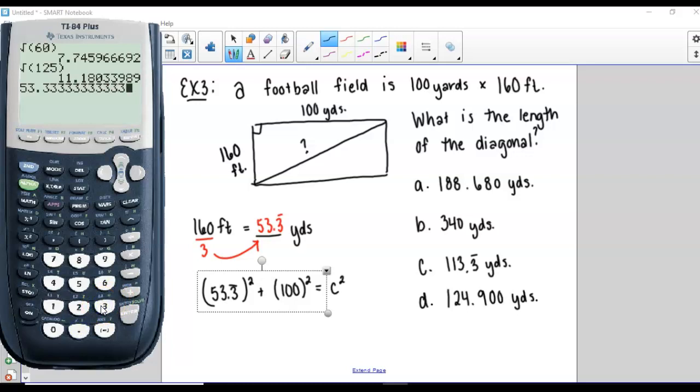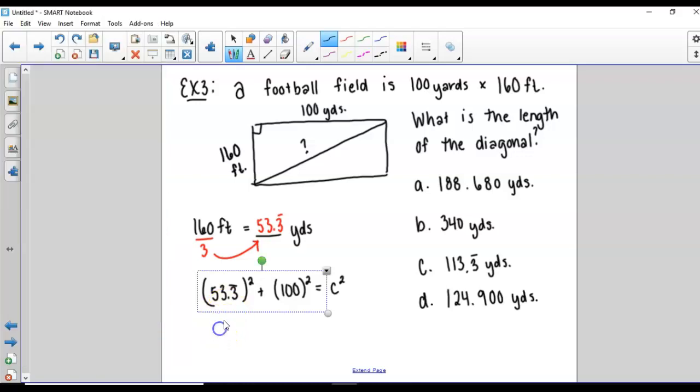Because eventually your calculator just recognizes that as repeating because it's going to round off anyway. So put lots of 3s. Don't just put 1 or 2, but put lots of 3s. Plus 100 squared is going to give us 12,8.